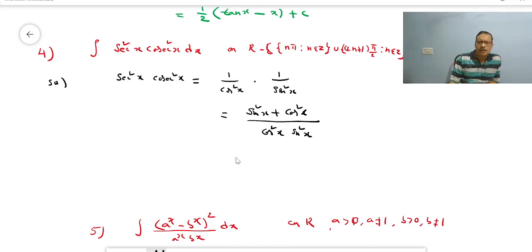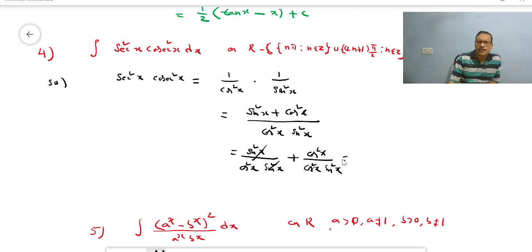This is equal to 1 by, so sin square x by cos square x into sin square x plus, so cos square x by cos square x into sin square x. Here sin square x gets cancelled. Here cos square x gets cancelled.